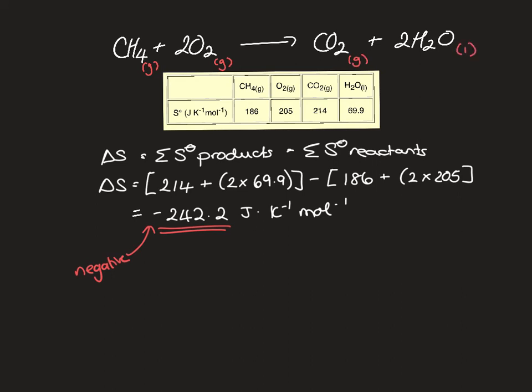So we had estimated just from examining the chemical equation that we would get a negative entropy change, and we have done through the calculation. So that's just a good common sense check that what you've put into your equation has come out with a sensible answer, and in this case it has. So hopefully you had a go at that for yourself, and that's the number that you got and the sign that you got, and you can be fairly confident that you are able to calculate delta S values.